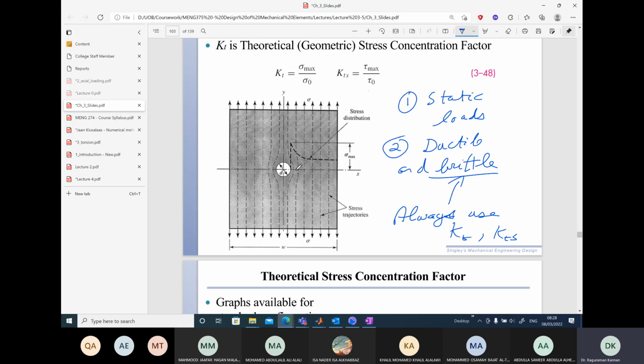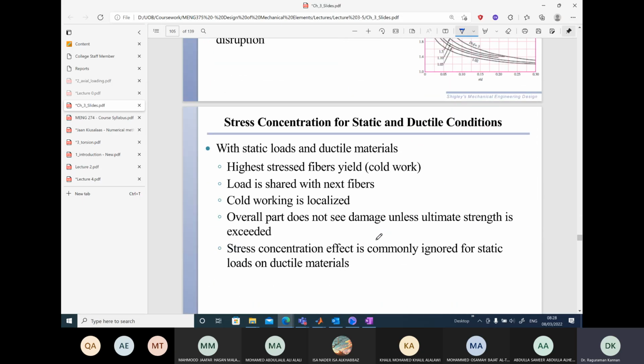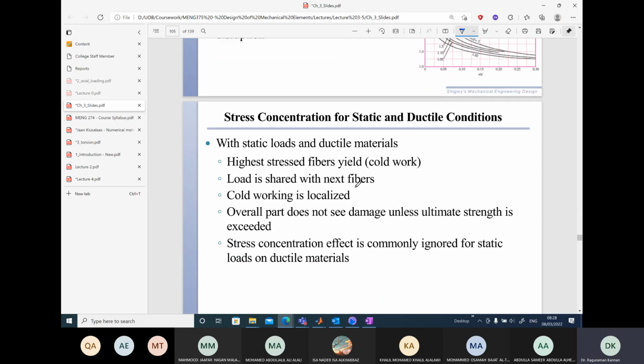As you increase the load, the plastic yielding slowly goes out to the other fibers. Load is shared with the next fibers, cold working is localized, the same thing, yielding is localized. Overall part does not see damage unless the ultimate strength is exceeded. Stress concentration effect is commonly ignored for static loads on ductile materials because you can allow local yielding.